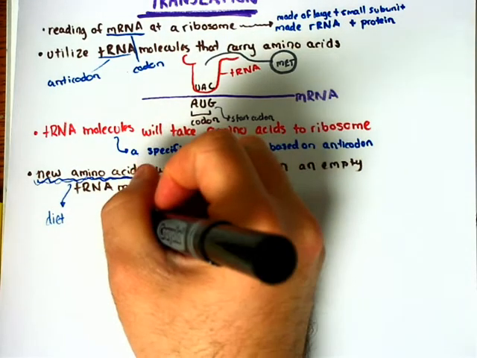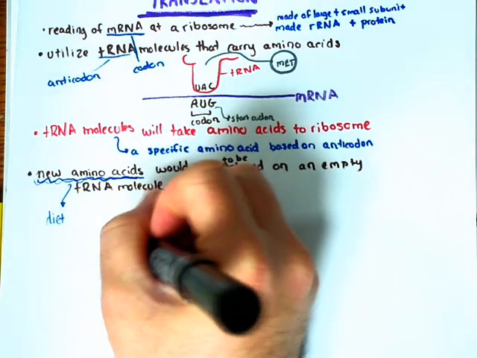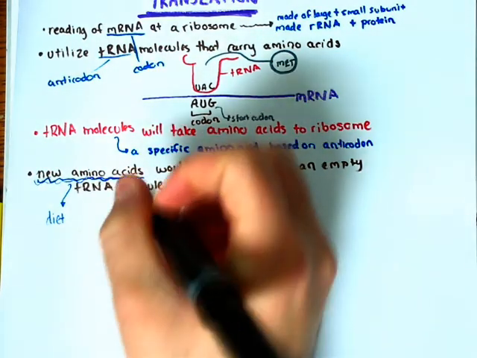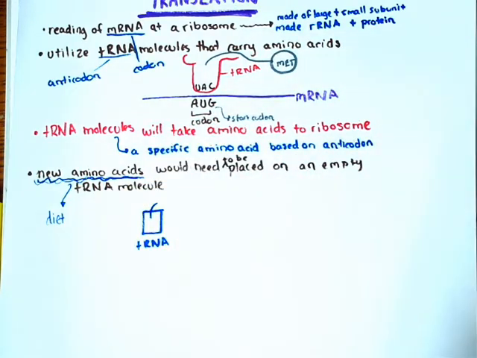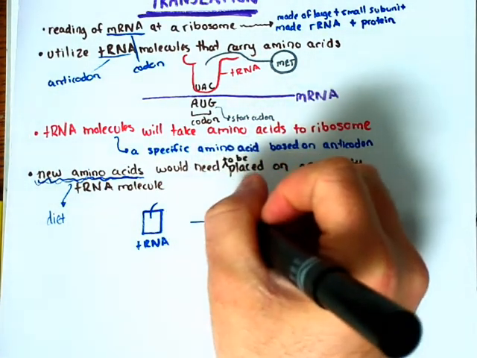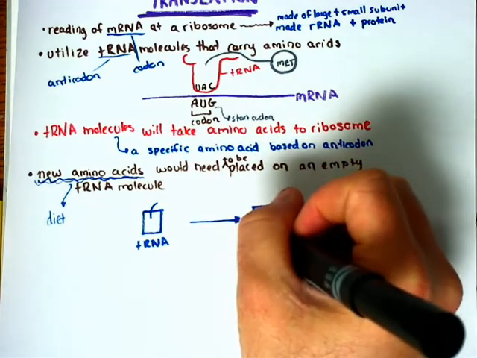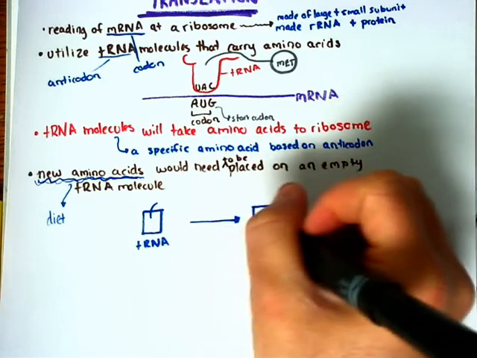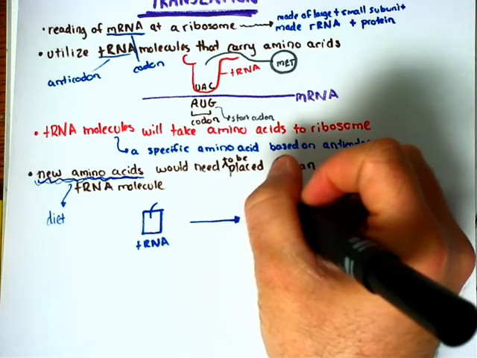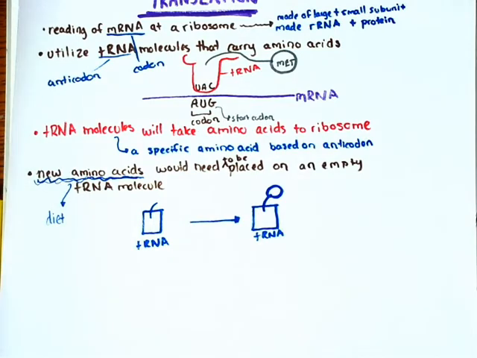So we can imagine a case where we're starting out in the before, having this tRNA molecule that's empty, no amino acid on it, and we need to end up with a tRNA with its specific little anticodon right there, having an amino acid added to it, right?